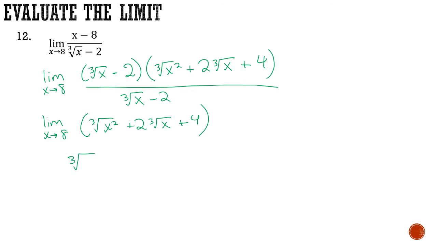So the cube root of 8 squared plus 2 times the cube root of 8 plus 4. The cube root of 8 is 2. 2 squared is 4. Cube root of 8 is 2, times 2 is 4, plus 4. So that equals 12.